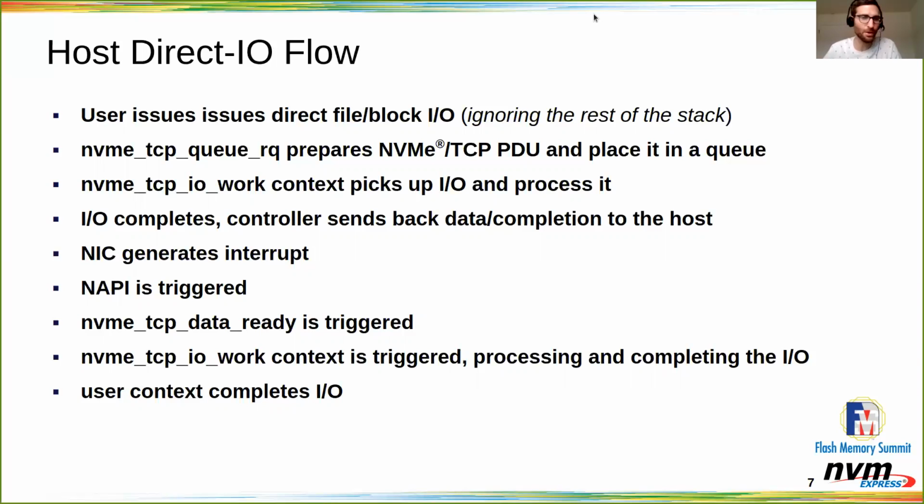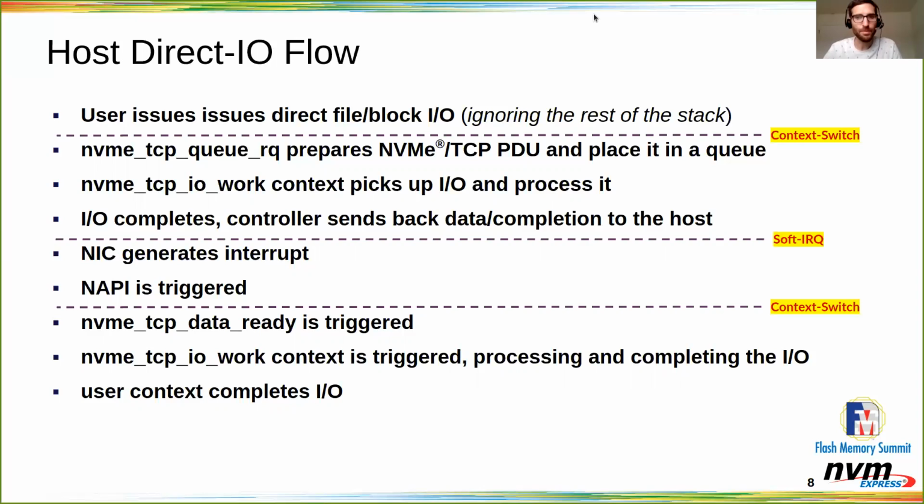Then we have the driver, as the TCP consumer, gets a data ready callback, which at that point triggers the context to basically process data in the completion and actually complete the I/O. And the next one is basically that the user context completes the I/O. If it's an async interface, it probably will get through get events or a signal. Now, the stuff that you want to notice here is, first of all, we have a context switch between the part where we're preparing the I/O and the part that is scheduled, the I/O work picking up the I/O and processing it.